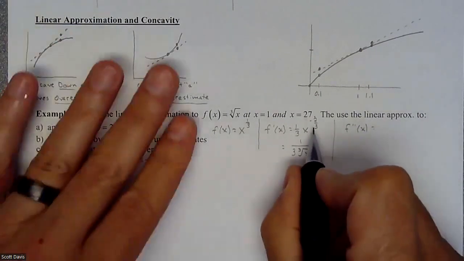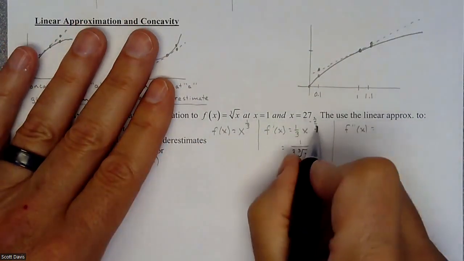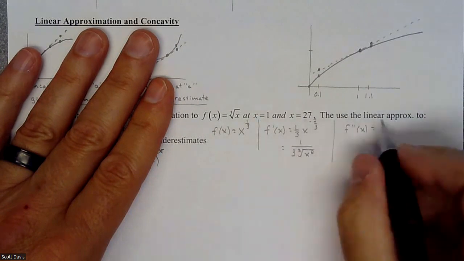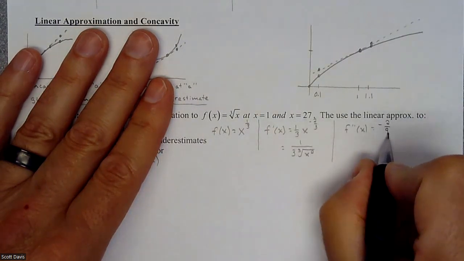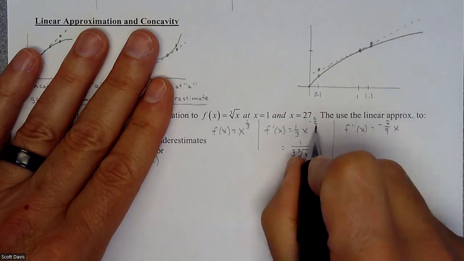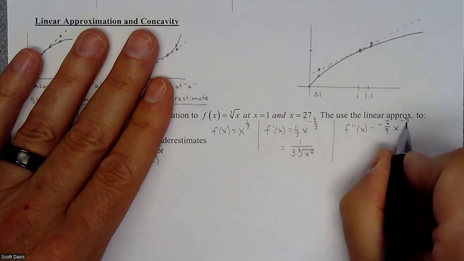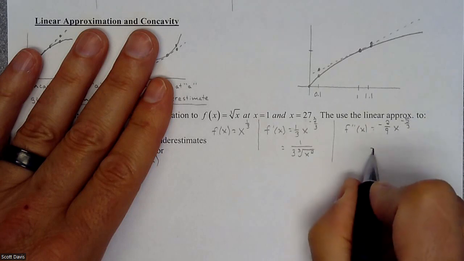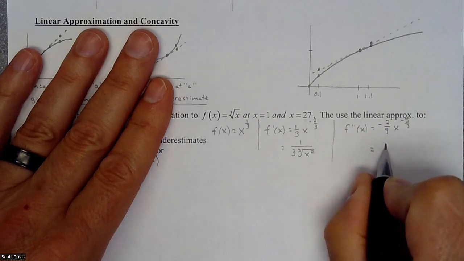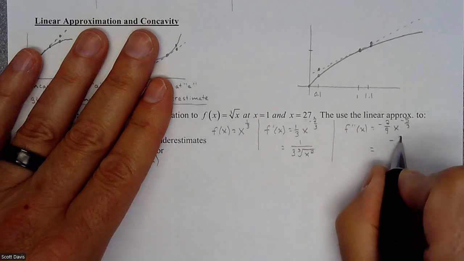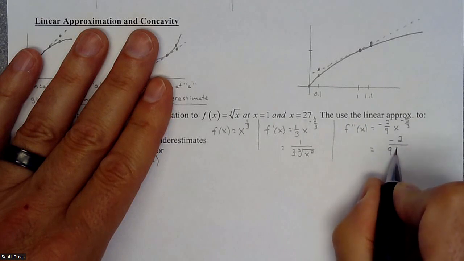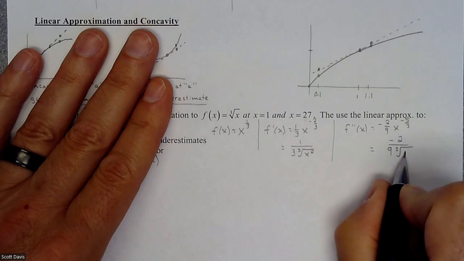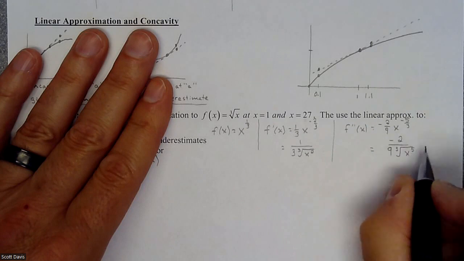So if I do a second derivative of this, we're looking at bringing the 2/3 down. So that'll be a negative 2/9, and then x to the negative 5/3. If I rewrite that, I'm looking at a negative 2/9 to the cube root of x to the 5th.